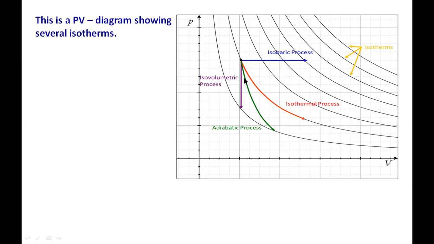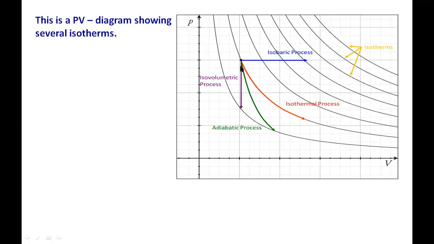But if we have an isovolumetric process, this means the volume is constant. At this point the volume is constant, so in this curve, it is an isovolumetric process.